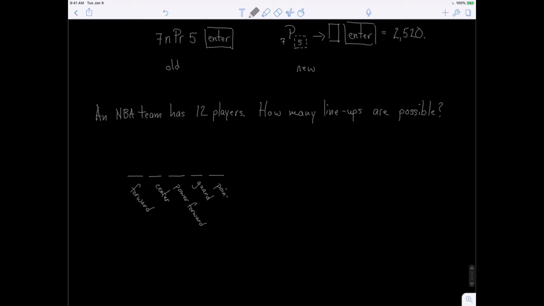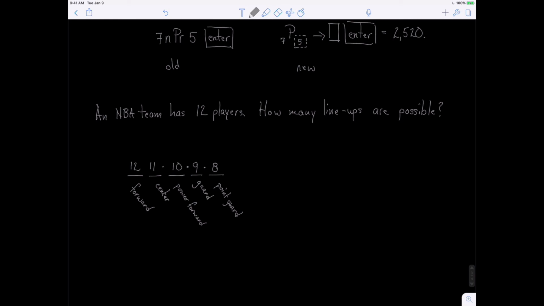So if we think of it this way, then we have 5 different positions. When we make up lineups, let's just say all of our players are about the same in all the spots. Well, there are 12 different players that could be forwards. Now you're down to 11 that could be the center, 10 that could be the power forward, 9 could play guard, and 8 to play the point guard.